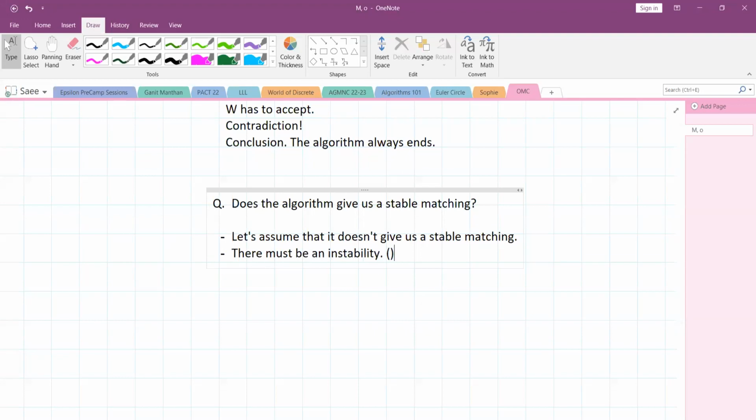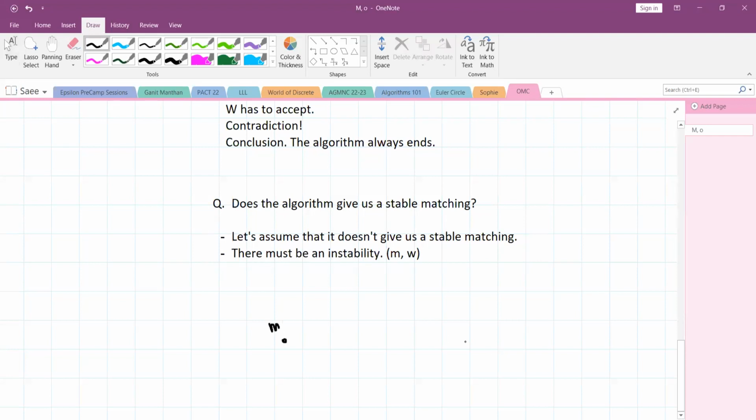Let's call that instability M and W. Let me clarify what I mean by this. It means that M and W should be paired up together, but they aren't paired up together. Which means that M likes W more than his current partner, and W likes M more than her current partner, right? So let's try to see how that looks like.